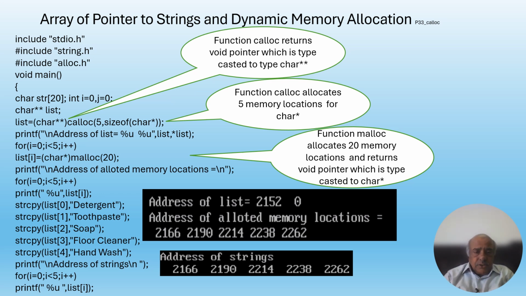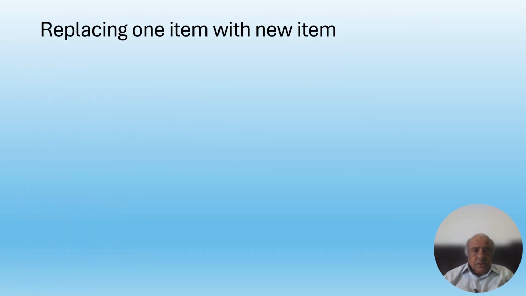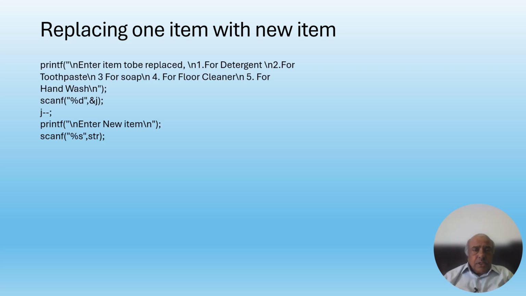Now after this we will be going further with our program, and in this part of the program what I want to do is replace one of the items which we have assigned to the array list with another item named differently from what we have given here.